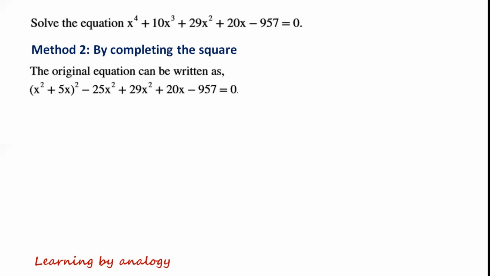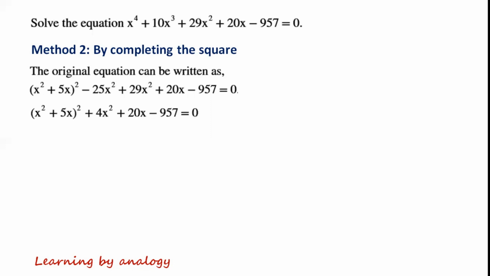The original equation has the term 10x cubed. So we write (x squared plus 5x) all squared, which contains 25x squared. So we now also write minus 25x squared.